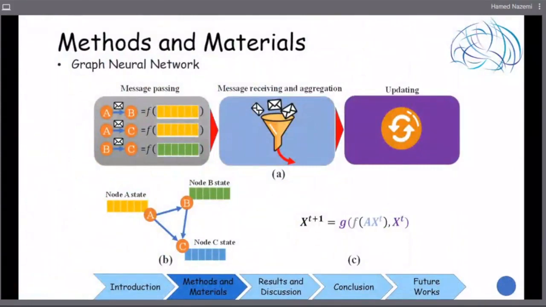Now we take a fast look at what happens in the first layer. There are three main steps in the first layer. Each node, which in our research are the electrodes of the EEG cap, takes its inputs and after performing a nonlinear transformation, sends them to its neighbors.